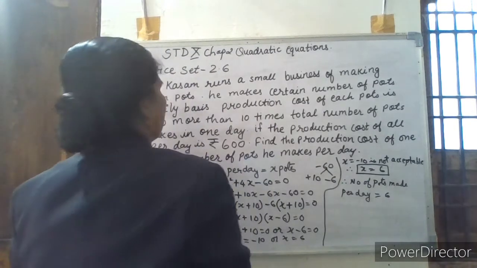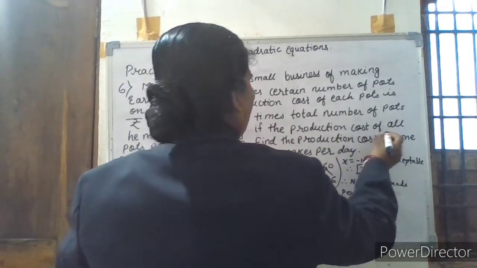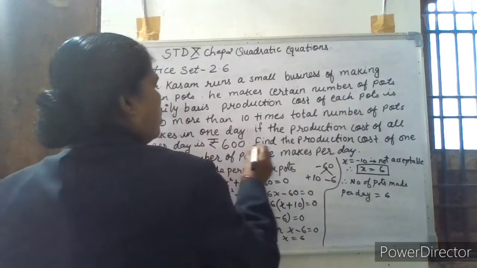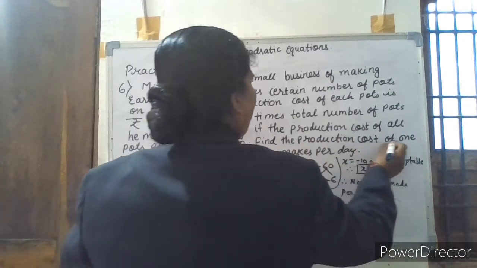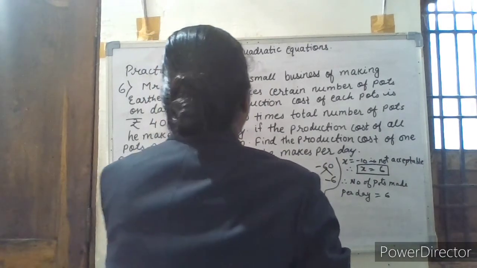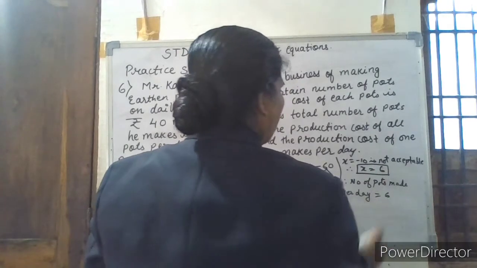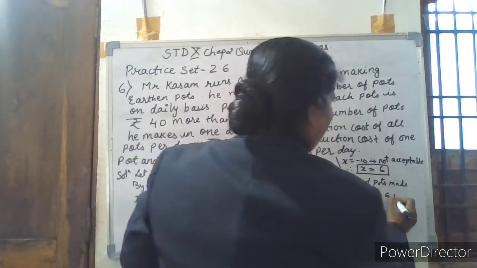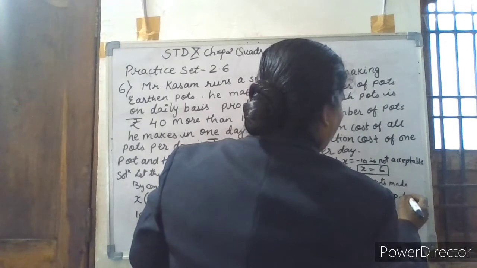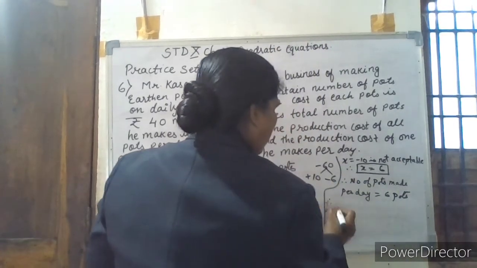We have to find the production cost of one pot and the number of pots he makes per day. So number of pots we got as 6 pots. Therefore, go to the second part of the question.